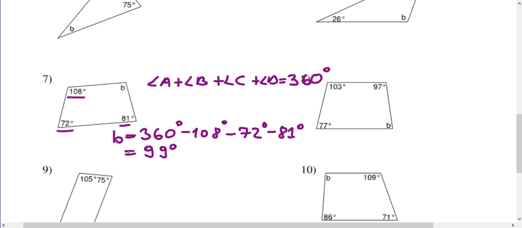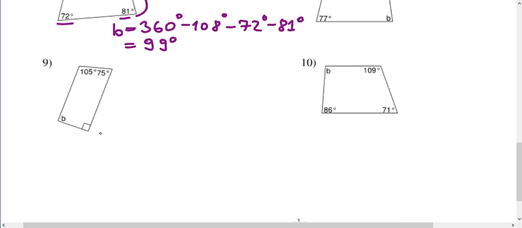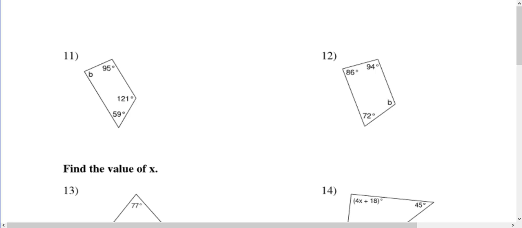So that means this angle B here is 99 degrees. And once again, you can do all of the other quadrilaterals. In this case, you don't have a value given to you here, but this is a 90-degree angle because we have that little square corner there. And that is pretty much it for these types of questions.